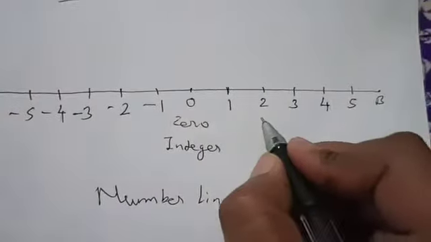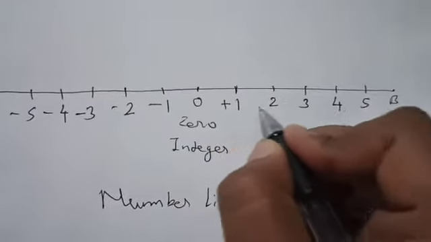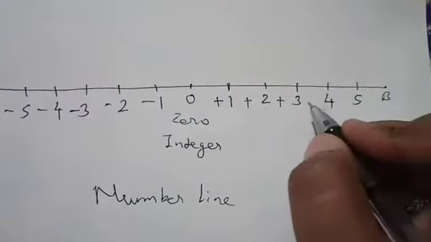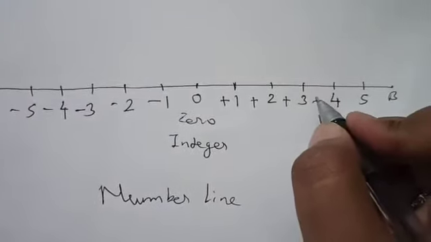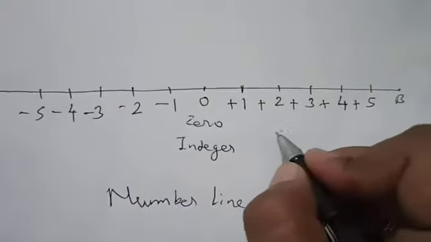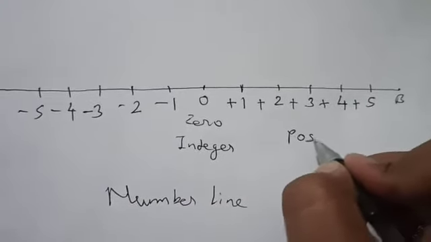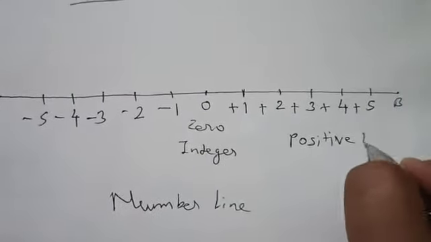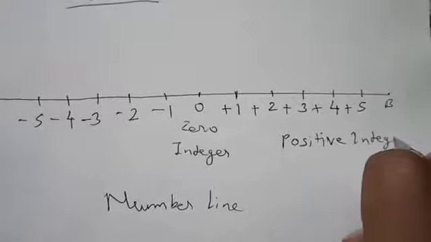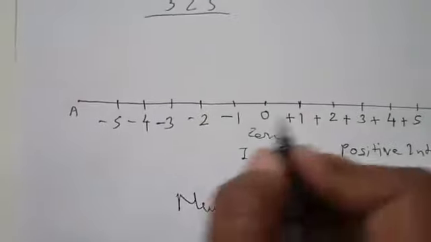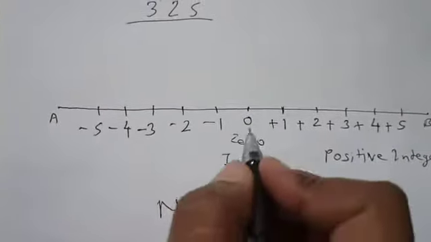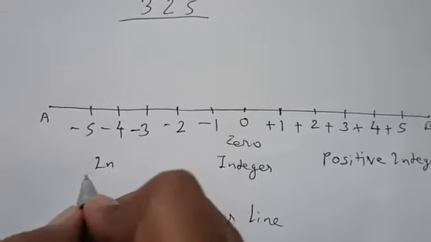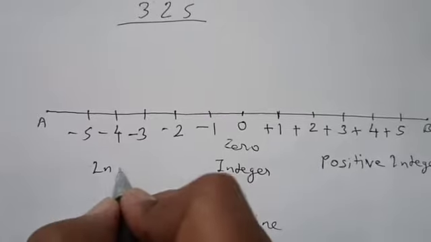So these are called positive integers on the right side of the number line. These are positive integers, and these on the left side of the 0 are negative integers.